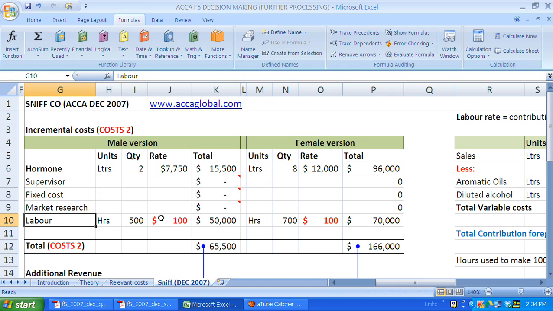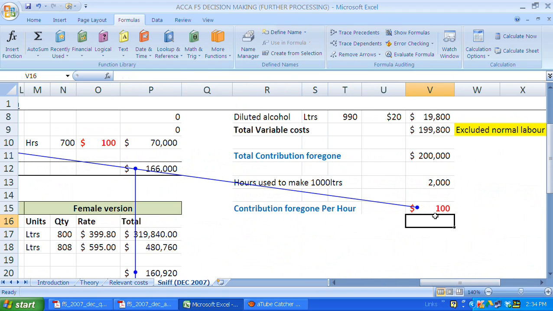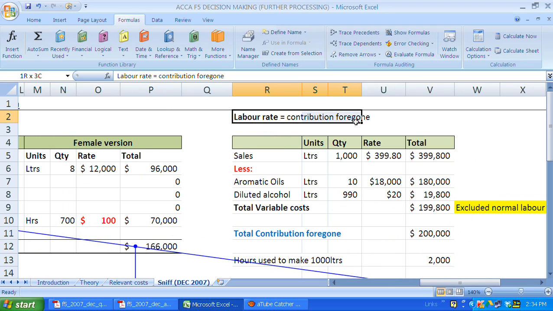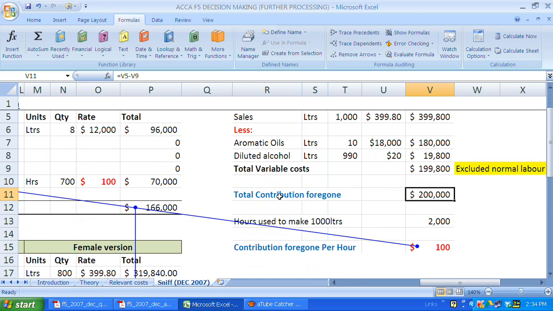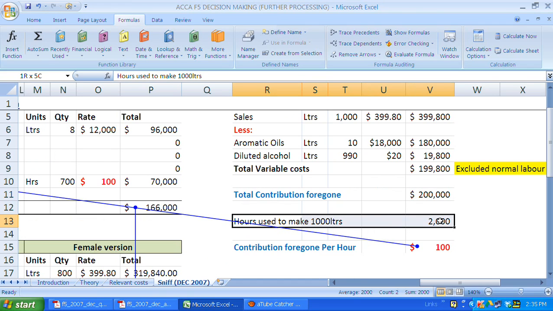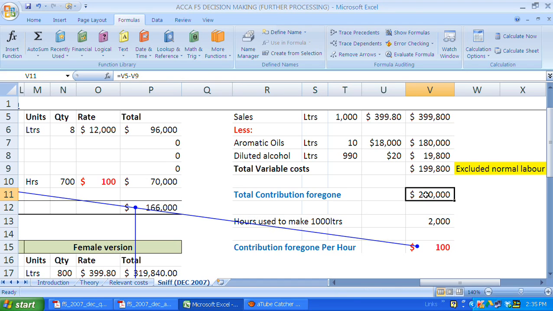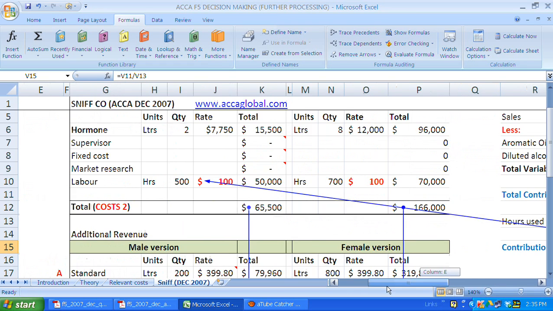Then the labor rate: we got the labor rate by computing the contribution foregone from diverting the labor, and the contribution foregone was sales less variable costs to give us the total contribution foregone. Then we converted this to a rate per hour. By dividing the cost by the number of hours, we get $100.